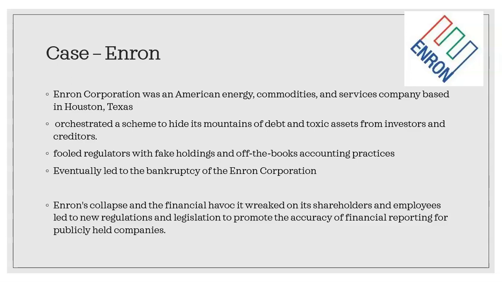The stock went from like $90-something to 26 cents overnight. Enron's collapse and the financial havoc it wreaked on its stakeholders and employees led to new regulations and legislation to promote the accuracy of financial reporting for publicly held companies.